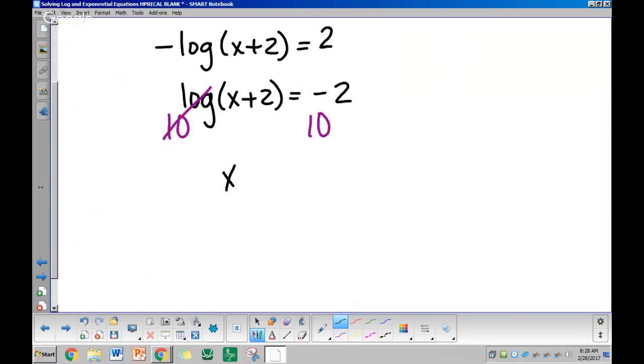So then we're going to get x plus 2 on this side, and this is 10 to the negative 2, which is 1 over 100.